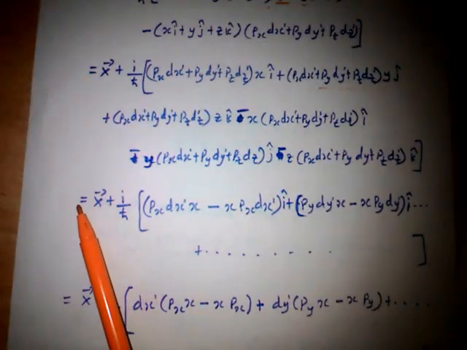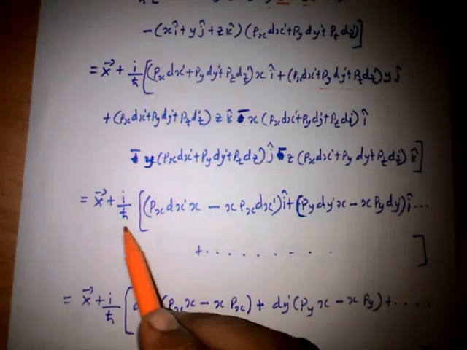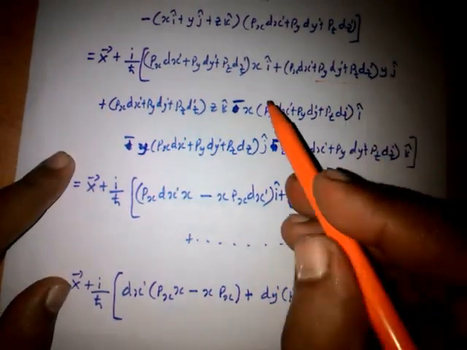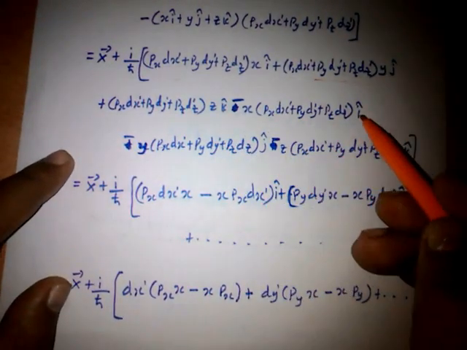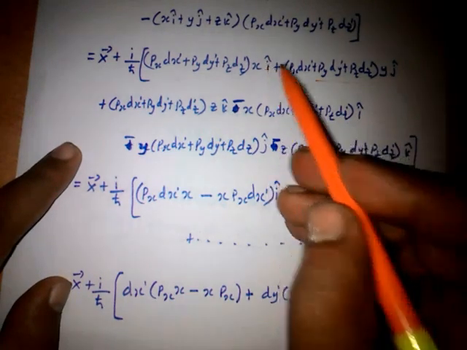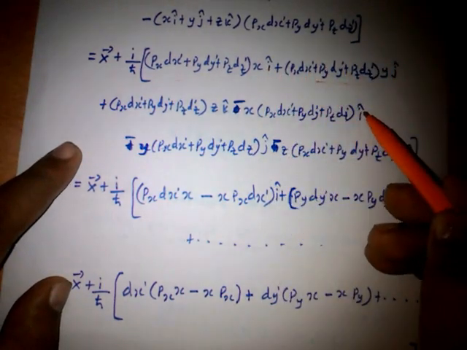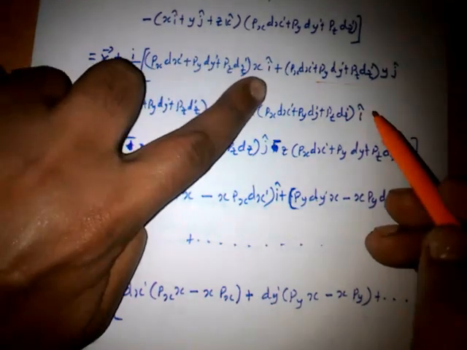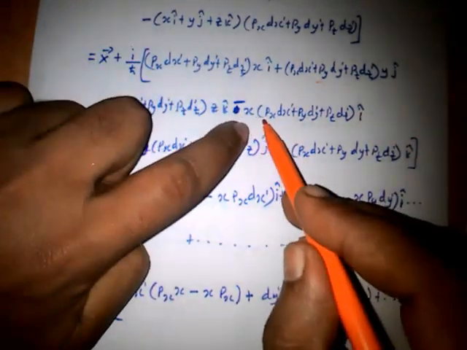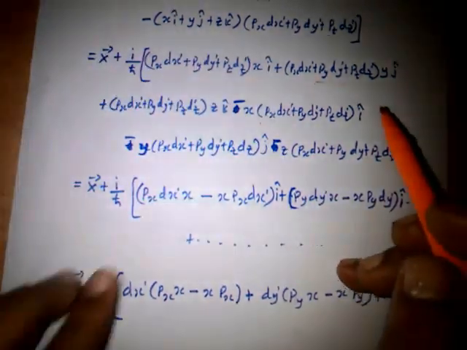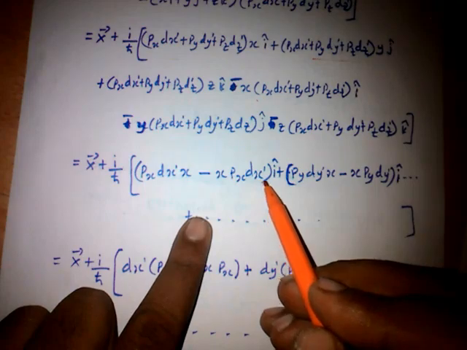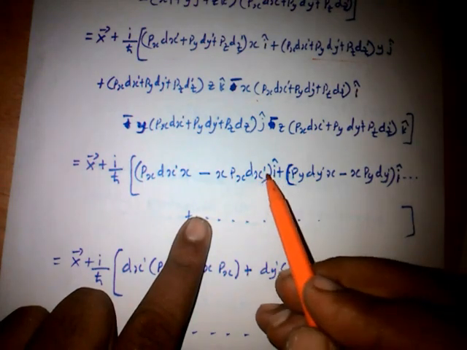And after that it is equal to x plus i/ħ. We are taking the i term, the x component; here one x component is there, here also an x component is there, so we take px dx' x minus x px dx' into i cap.